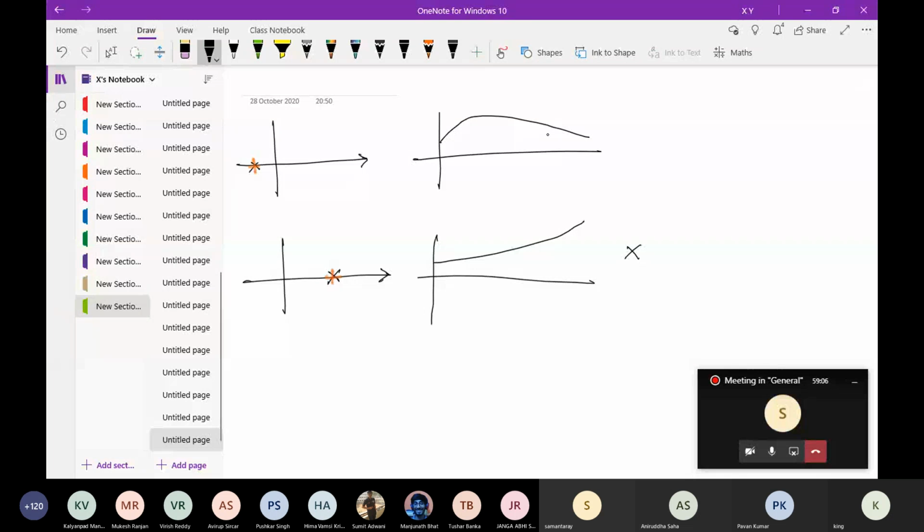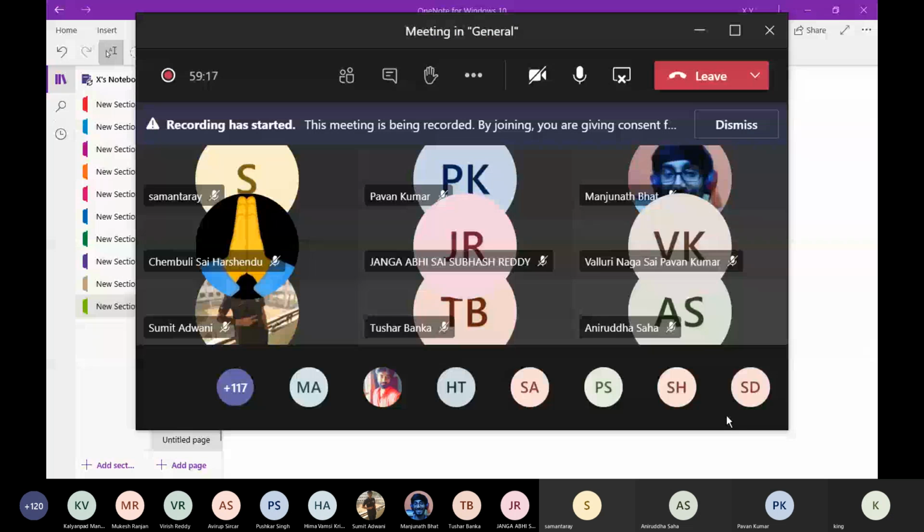I would like to have a short question and answer session with you. Very simple questions. If I give you a function y is equal to ax plus b is equal to 0, a linear equation, you can immediately tell me the root, right?